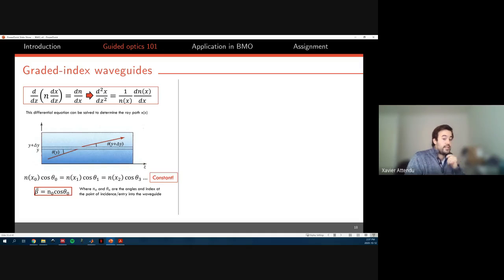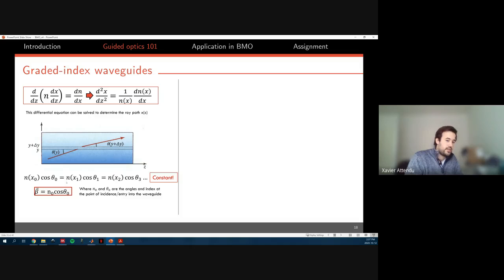Okay, so that essentially is like doing n1 sin theta 1 equals n2 sin theta 2, and so on and so forth. So here we have cosines, because instead of using the incidence angle, I'm using the angle with the optical axis. And what you see is that if you do it for the first slice, well, you have your index at position 0 and your angle at position 0.